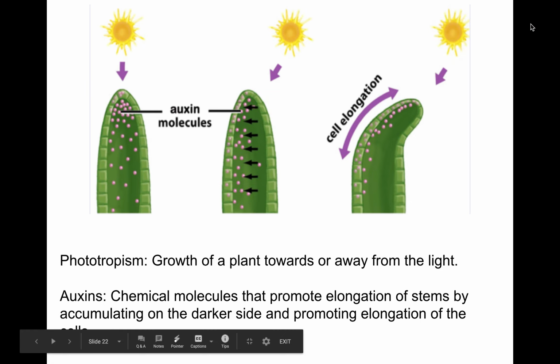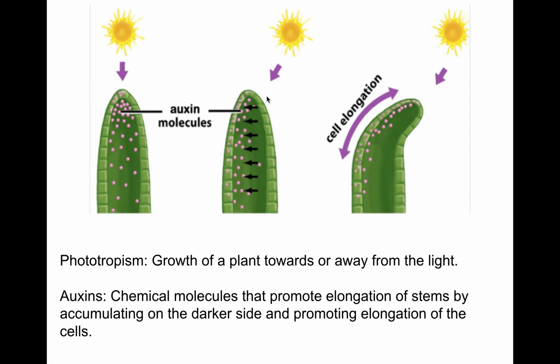So for instance, here is the sun facing this side, so you've got the auxins collecting on the opposite side, like the darker side, away from the sun, and then they will stimulate elongation of the cells on that side, which kind of tends to bend the plant or the stem towards that light source.